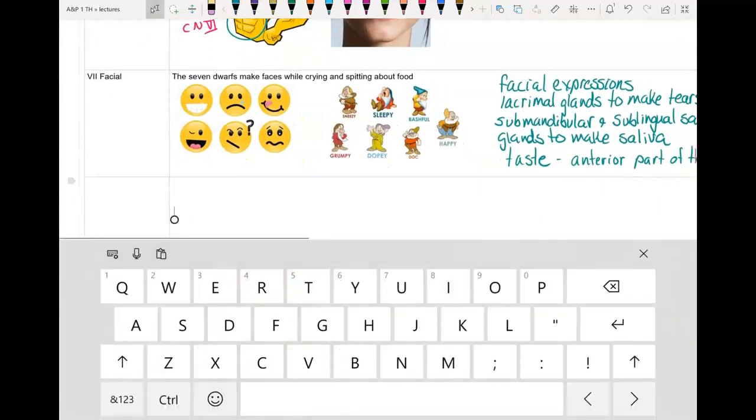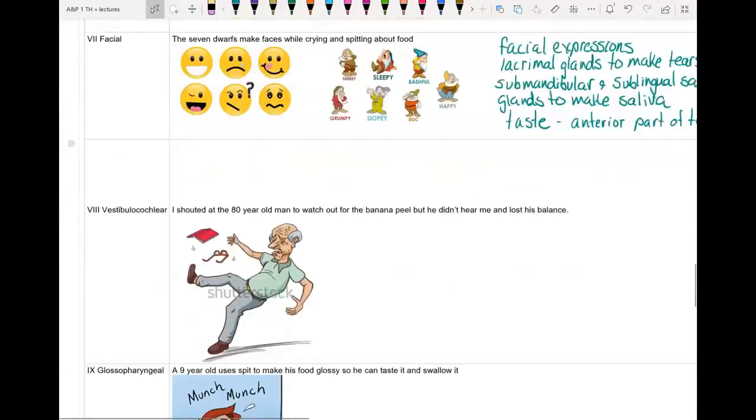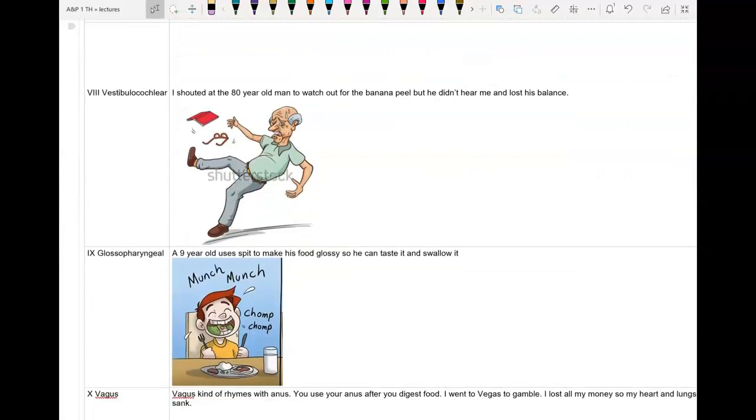Then we can move on to number 8, which is vestibulocochlear. So this one comes from your ear, and it comes from 2 different parts of your ear. That's what it's named for. The vestibule of your ear has your sense of balance, which is also sometimes referred to as equilibrium.